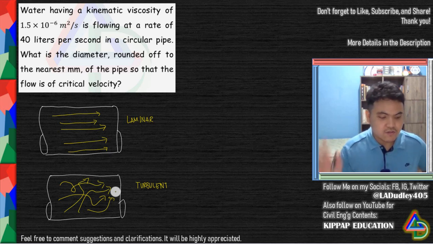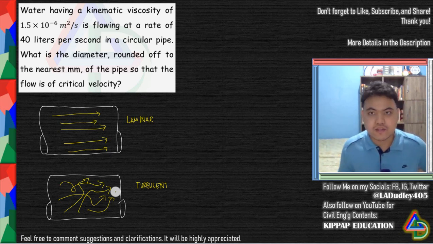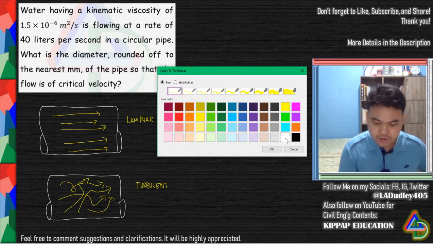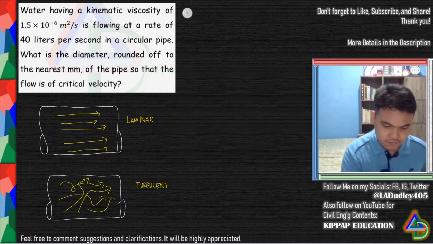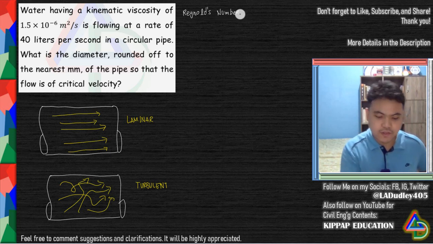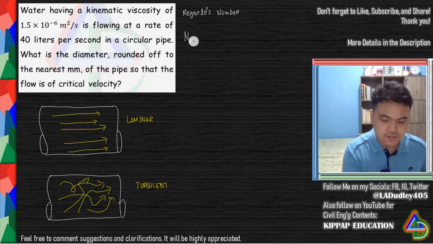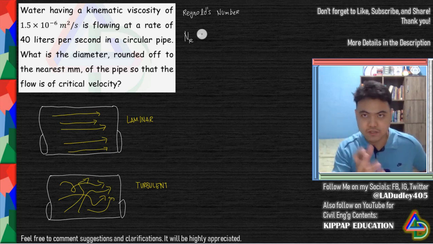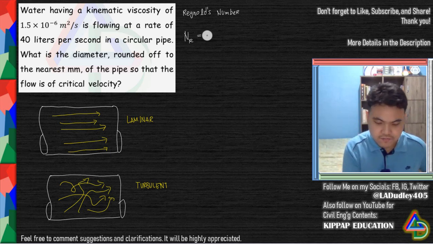And, to quantify this given thing, no? Meron tayong tinatawag na Reynolds Number. Okay? And the Reynolds Number is actually the ratio between the inertial forces and the viscous forces.